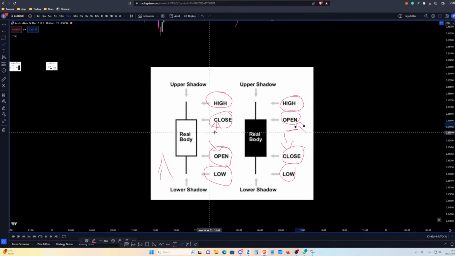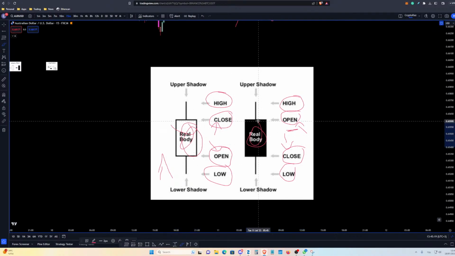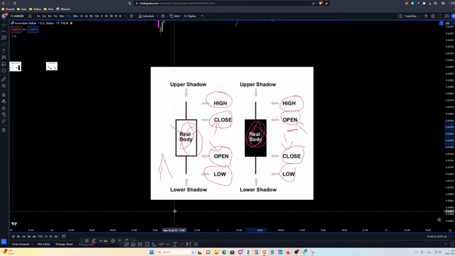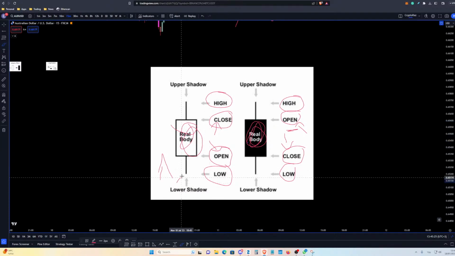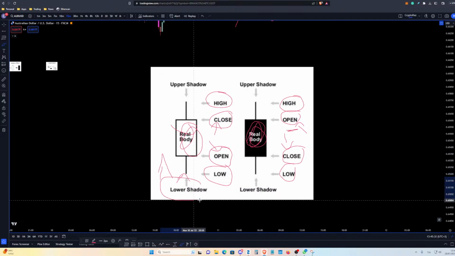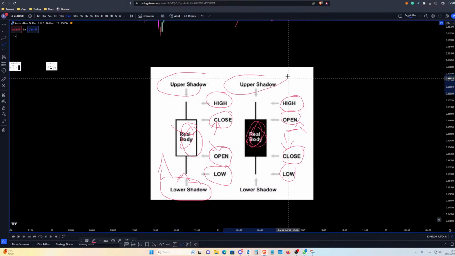The filled part of the candlestick, in this case we have the body, the filled one, is called a body. The thin lines poking above and below, as you can see, are called shadows or tails. Everyone can call it differently.